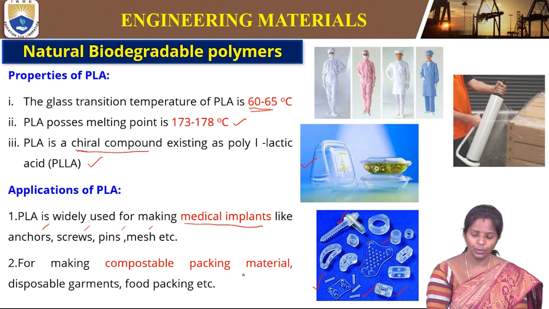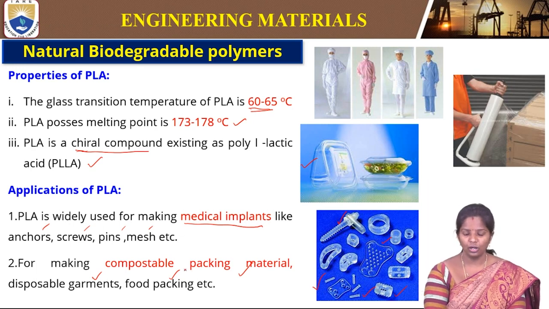Then for making compostable packing material, disposable garments, and good food packing. Compostable packing is nothing but whenever we pack the food material, after we throw it out into the waste, it gets composted.